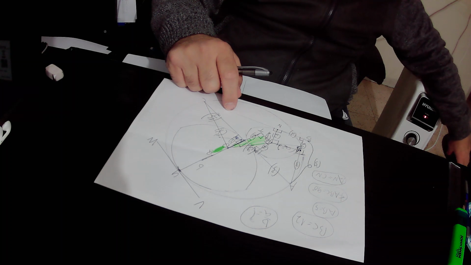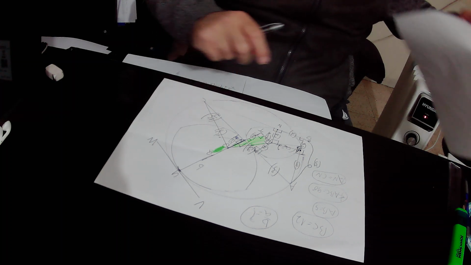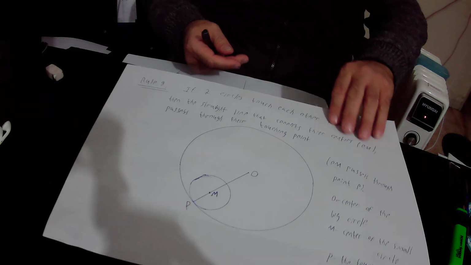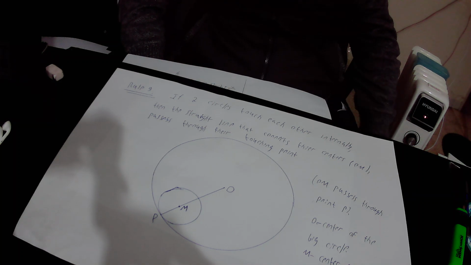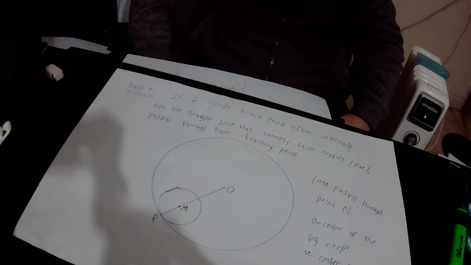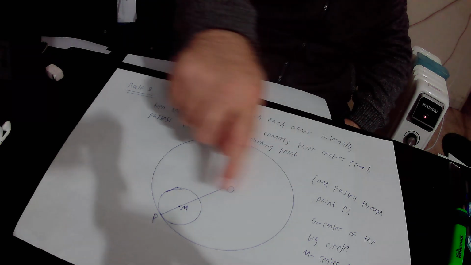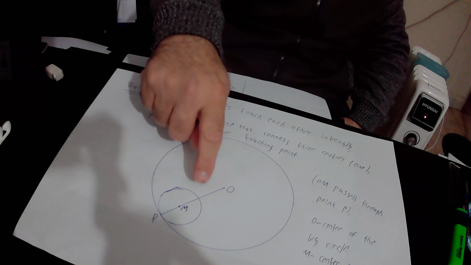According to rule number 9, if two circles touch each other internally, then the set line that connects their centers together must pass through their touching point. Point O is the center of the big circle, point M is the center of the small circle.